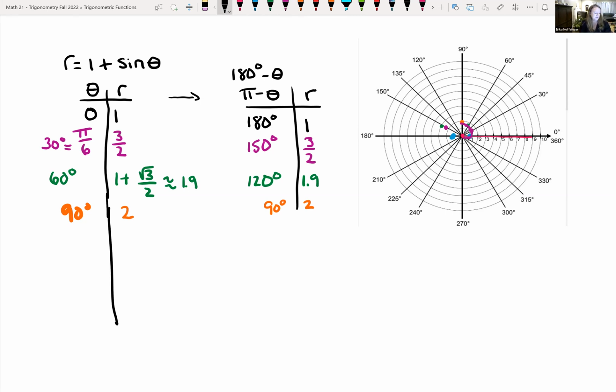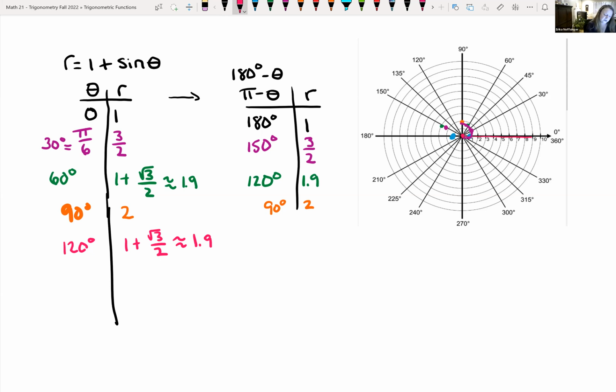So what about at pi? So if we plug in pi, or actually maybe we shouldn't do that. Maybe let's do 120 degrees. So 120 degrees, that is reference angle 60 degrees. So it's the same thing as this one, 1 plus √3 over 2, which is approximately 1.9.